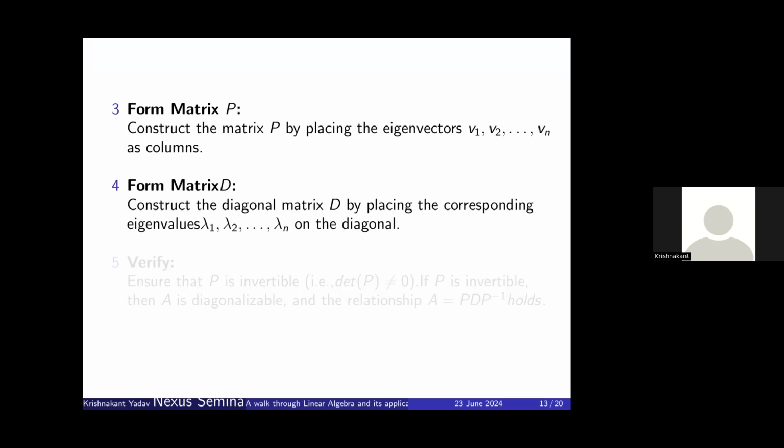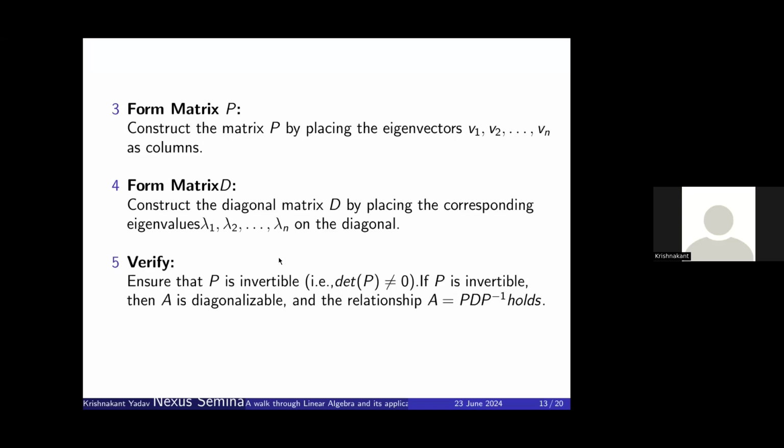Then form the diagonal matrix, where we put the eigenvalues lambda 1, lambda 2, up to lambda 3 on the diagonal. Then we verify and ensure that P is invertible.